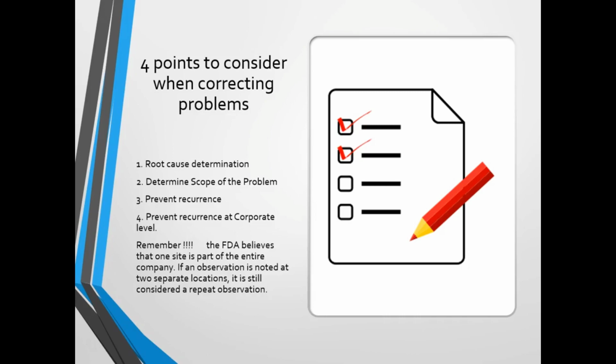So it's important to remember that FDA believes that one site is part of the entire company, and if an observation is noted at 2 separate locations, it's still considered to be a repeat observation of the same issue. So sharing of information is very important at corporate level.